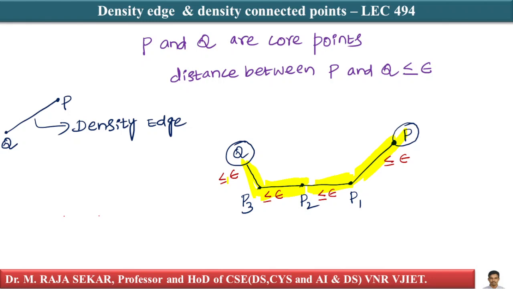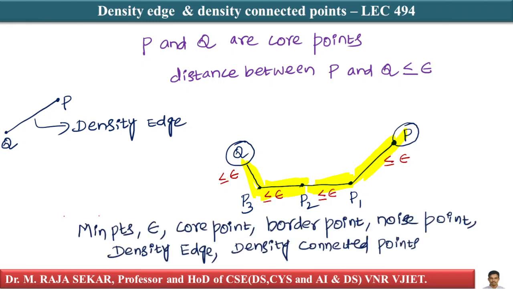We learned min points, epsilon, and the three types of points: core point, border point, and noise point. Then we learned what is density edge and what is density connected points. These are the 7 core ideas: min points, epsilon, core point, border point, noise point, density edge, density connected points.